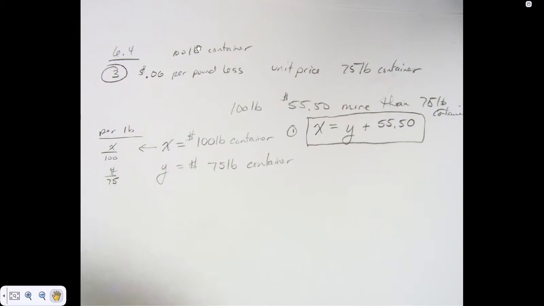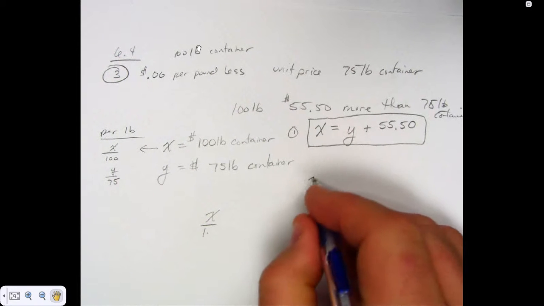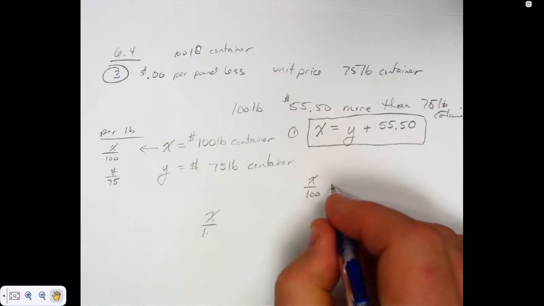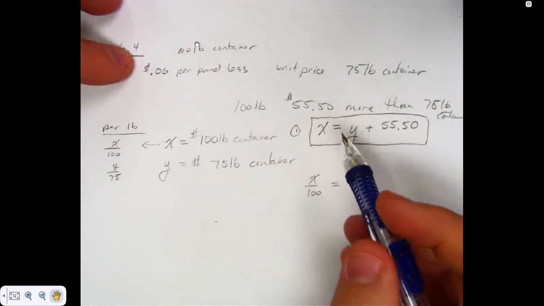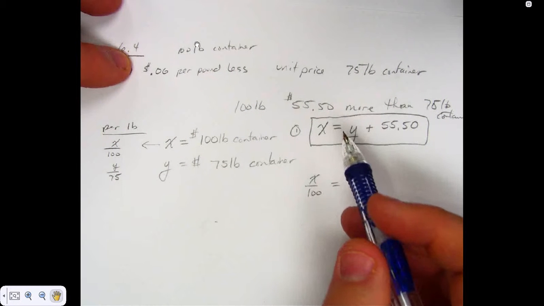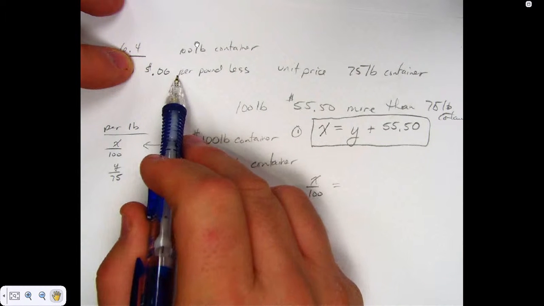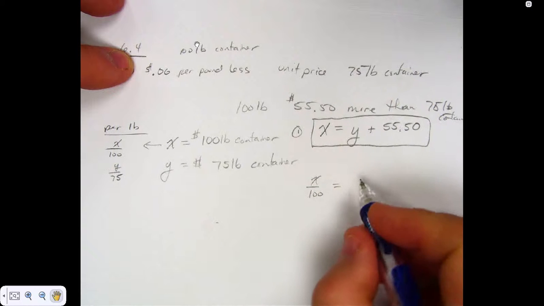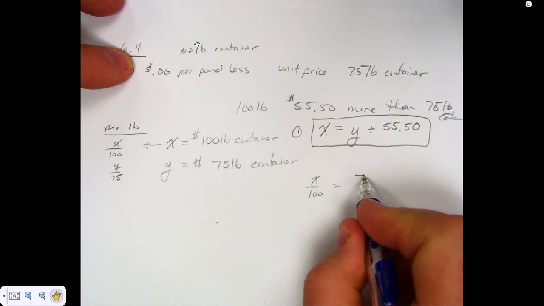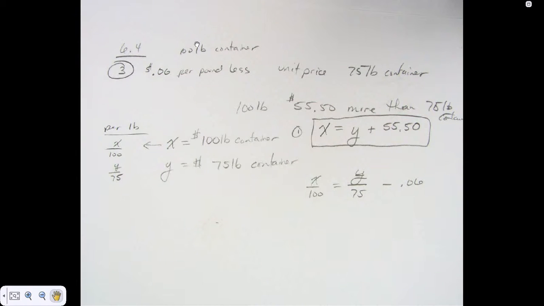Okay, we know that x over 100 is equal to the price per pound of the other one, which is y divided by 75 minus 0.06, correct?